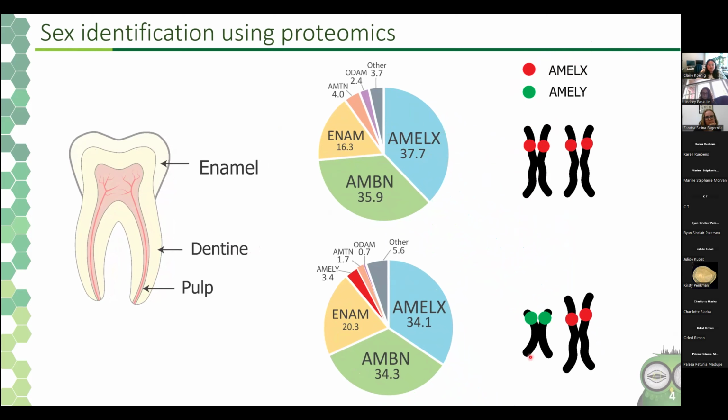However, whenever we have a male individual, we are going to find both AMELX and AMELY proteins, and that's how we perform sex identification. With the detection of only AMELX, we have a female individual. However, with the detection of both AMELX and AMELY, we have the identification of a male individual.